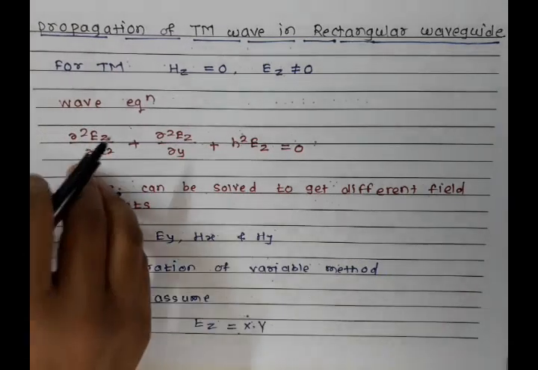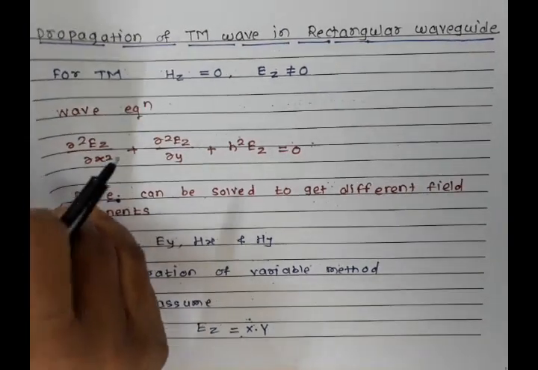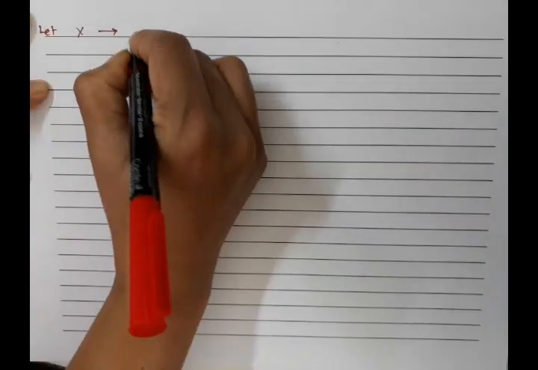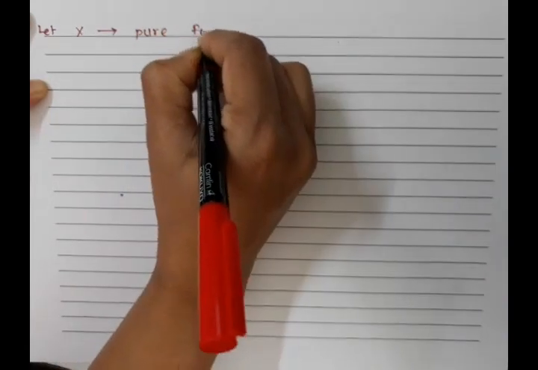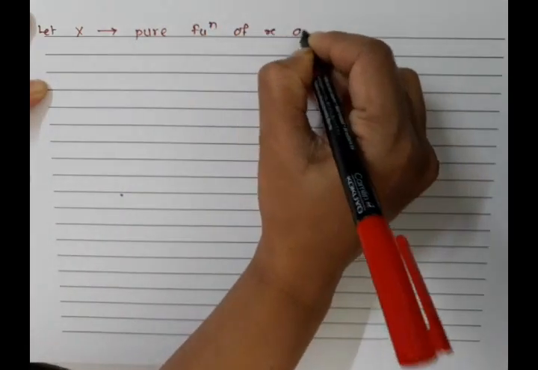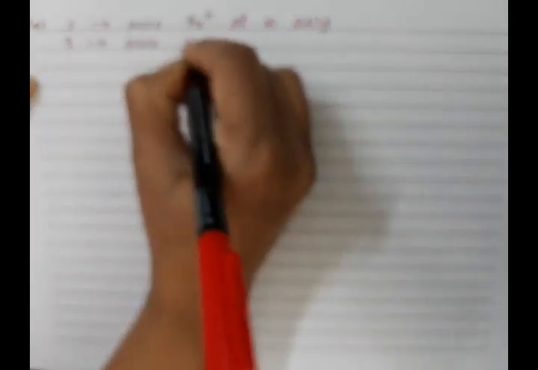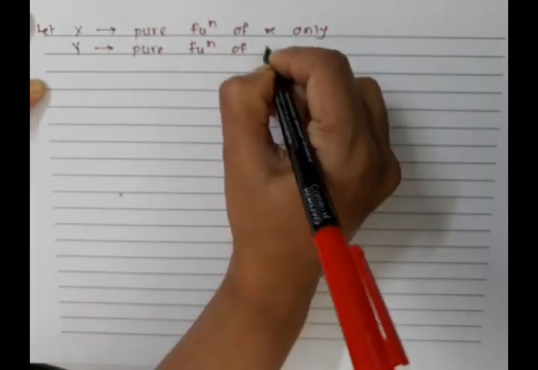Let X be a pure function of x only, and Y be a pure function of y only. So we have assumed that your Ez component is nothing but X into Y, where X is a pure function of x only and Y is a pure function of y only.